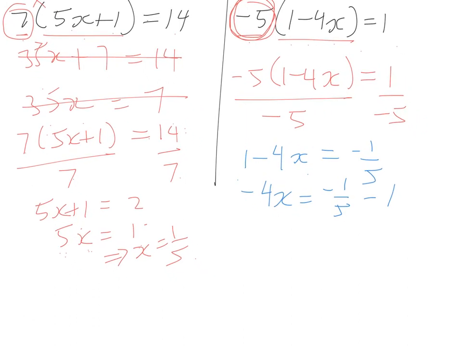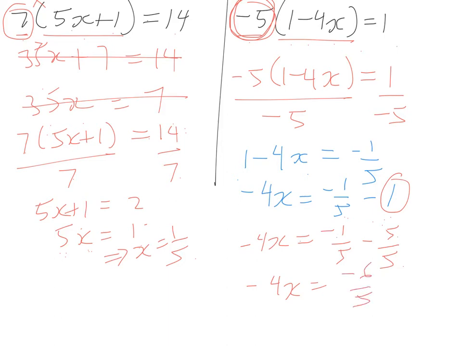Because we're dealing with fractions over here, it's much easier to convert this whole number to a fraction, a fraction out of 5. So negative 4x equals negative 1 over 5 minus, what is 1 out of 5? Well, it's 5 out of 5. So from there we say negative 4x equals negative 6 over 5.